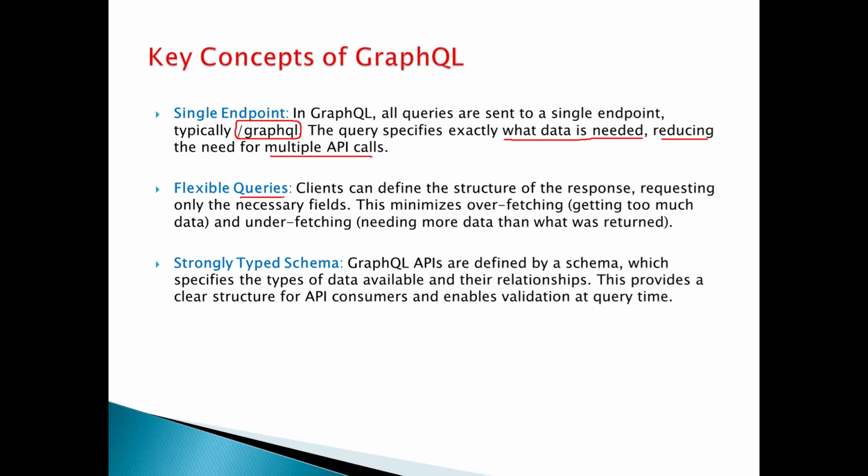Flexible queries: whichever API clients want, they define the structure of the response they need, requesting whichever variables they want in the query, so that overfetching is reduced and only the necessary data is returned. For example, consider a mobile phone and a web application.